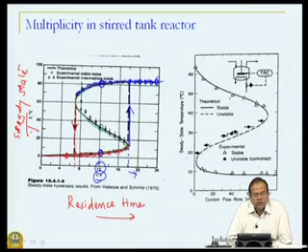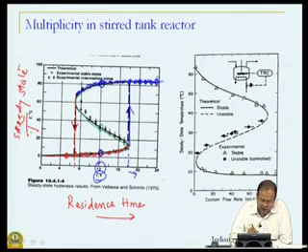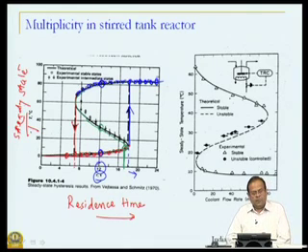Now, why is this? How is this connected to the design and safety I talked about? Let us say that you had designed your reactor to operate at this condition using this particular residence time. Now, what is residence time? Residence time is nothing but the volume divided by the volumetric flow rate.